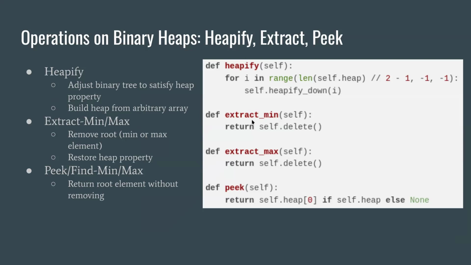The extract min or the extract max operation removes the root element, which is the minimum in a min heap and the maximum in a max heap, and that restores the heap property. The peek or find min max operation simply returns the root element without removing it from the heap.